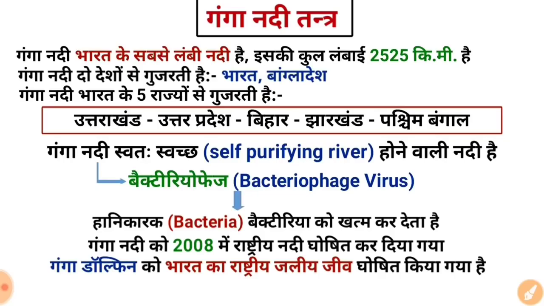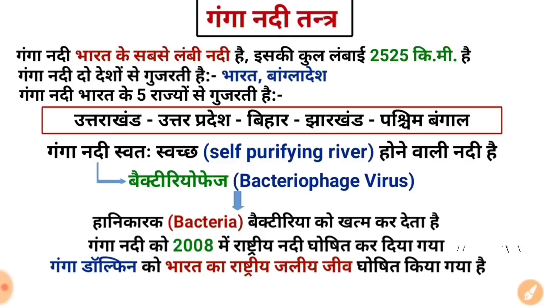After that we will see some specialties of the Ganga river. The Ganga river is a river that cleans itself, that is, it is a self-purifying river. You must have seen that when you go to take a bath in the Ganga, you bring Ganga water in bottles from there, and you keep that Ganga water for many days or years, yet it does not get spoiled. So why does it not get spoiled? Did you know the reason behind this?